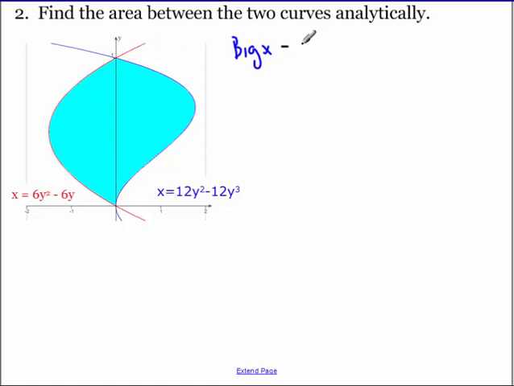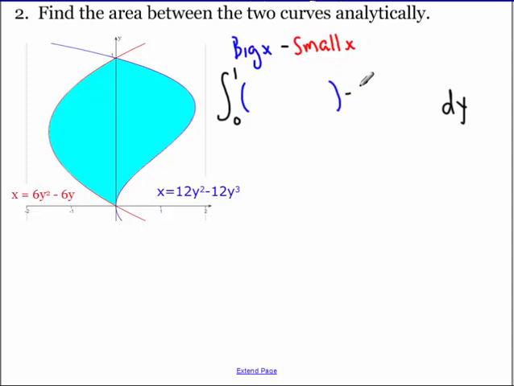The smaller one is going to be the negative one. So set up your integral. And we're integrating with respect to y. So everything's in terms of y. What are the y's that bound us? 0 and 1.